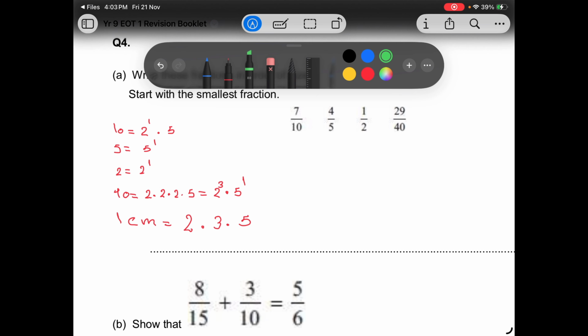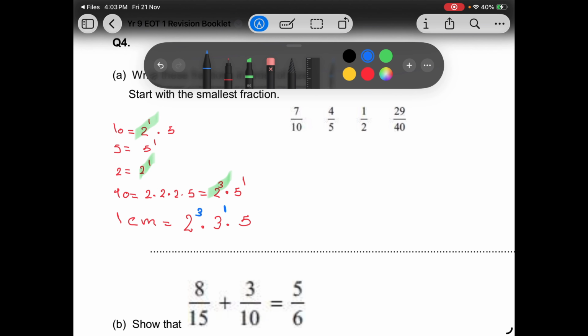So I don't need to pay attention to the 2's anymore. 2 to the power of 3 is what I am looking for. And for 3's, I need 3 with the highest power. If you look at this, I have only 3, so power 1 is the maximum.